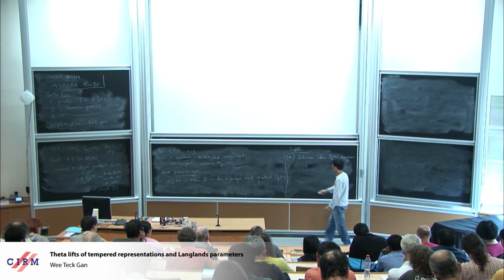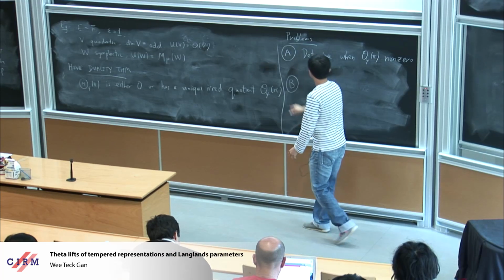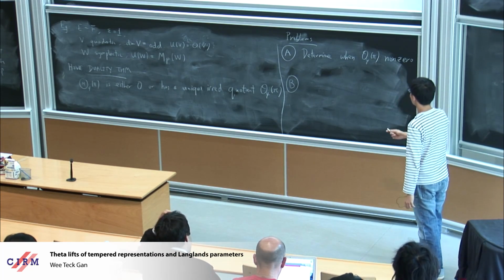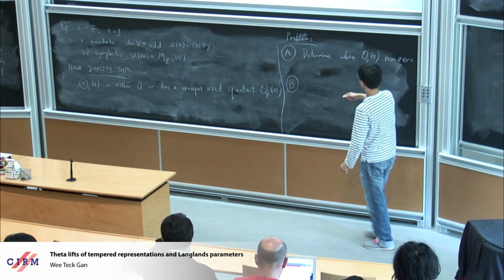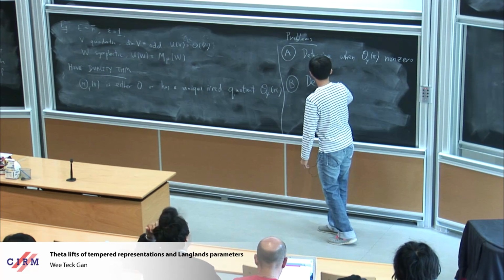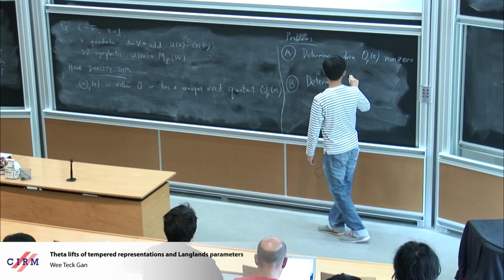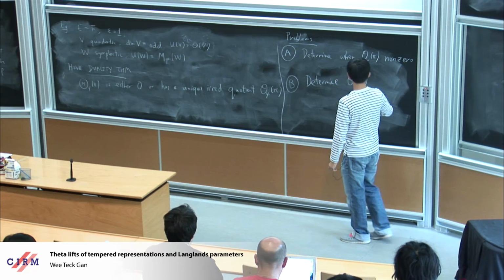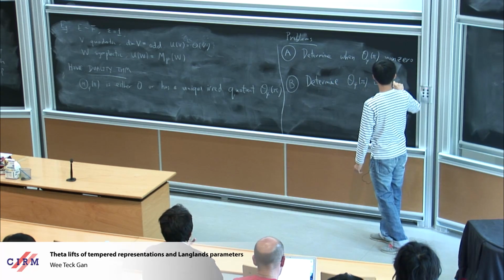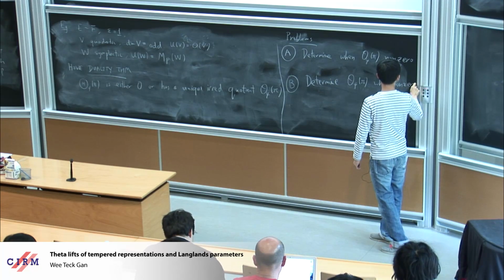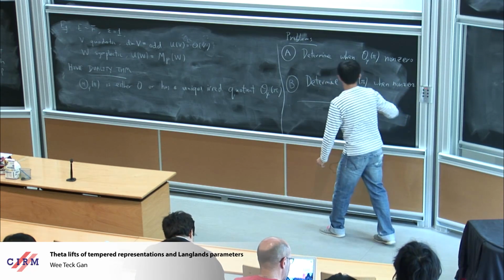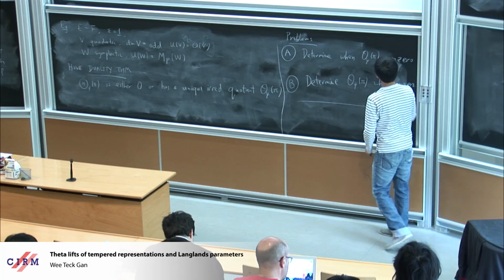And the second problem, which I want to consider, is just a permutation of the first problem: determine this representation precisely when it is non-zero. Okay. So those are the two problems.